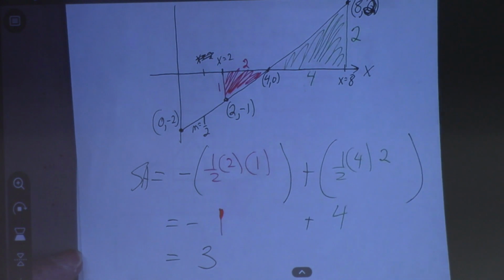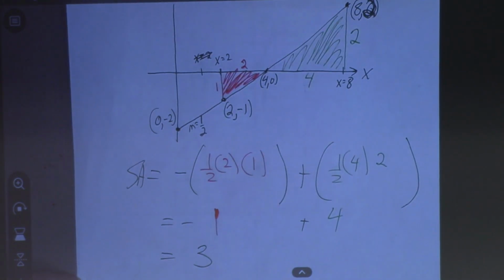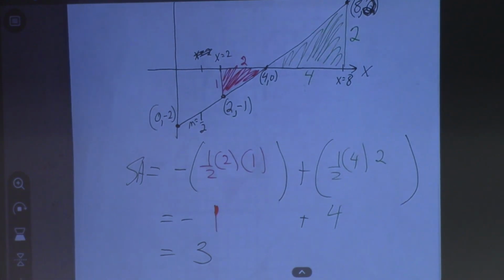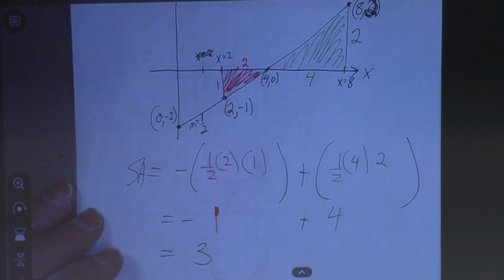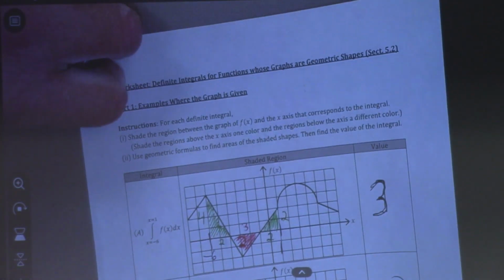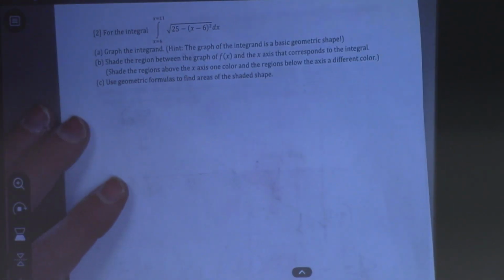All right, one more cool example. This will be up here. I'm sorry to be going so quickly. If I could do a chipmunk voice, it would be really good because I'm going really fast. The last page is another definite integral using geometry.